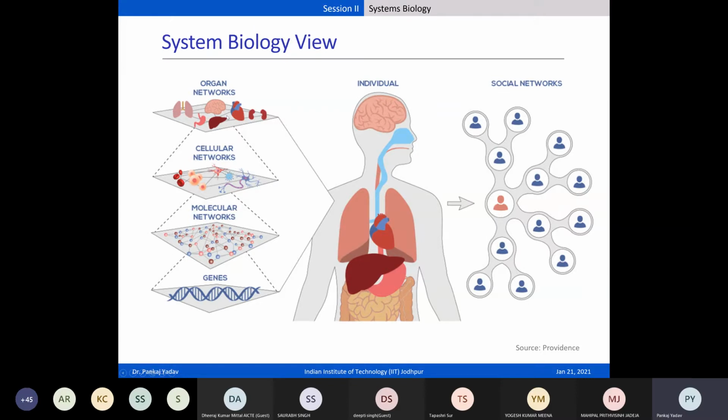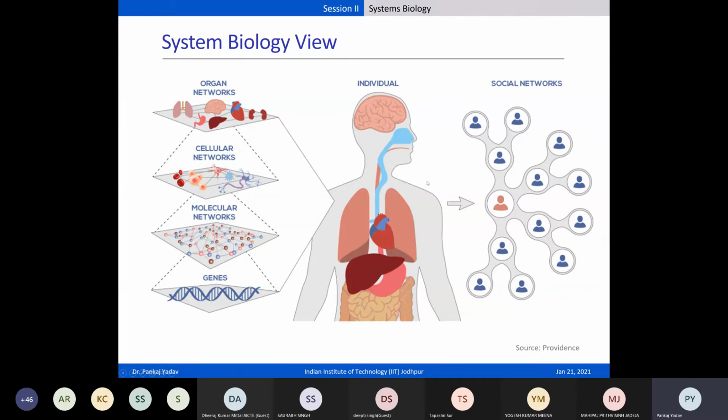We all know that they are all somehow interconnected. So one can think of an organ as a system, or, as I was talking about in the previous session, single cell or cellular networks can be another layer of system, and then we can have molecular networks within this system, or we can even think of genes as our systems. Even proteins can be considered a system.